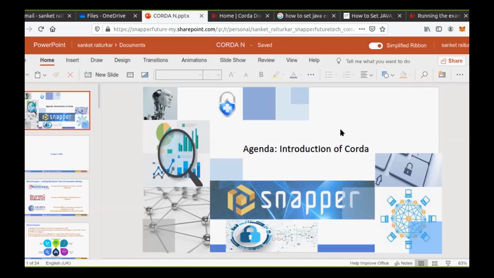We are soon going to start a Corda series that will go in detail through the technicalities of Corda and how to build applications on Corda. In the coming webinars you will see that, but today is going to be really basic.